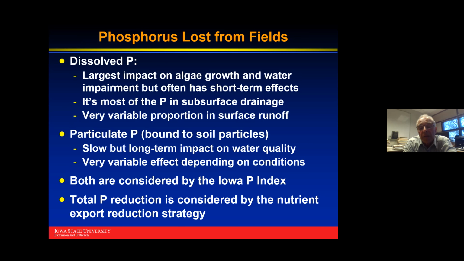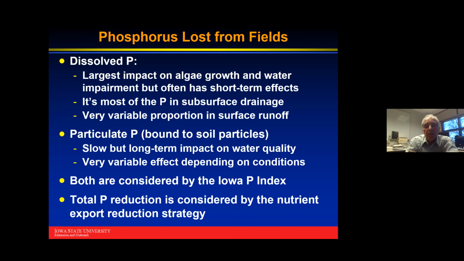In surface runoff, there is a very wide variation in the proportion of dissolved P. This is orthophosphate, measured in a couple of different ways that I will talk about later on. Then we have the particulate P, which is the phosphorus bound to soil particles, which has a slow but long-term impact on water quality.